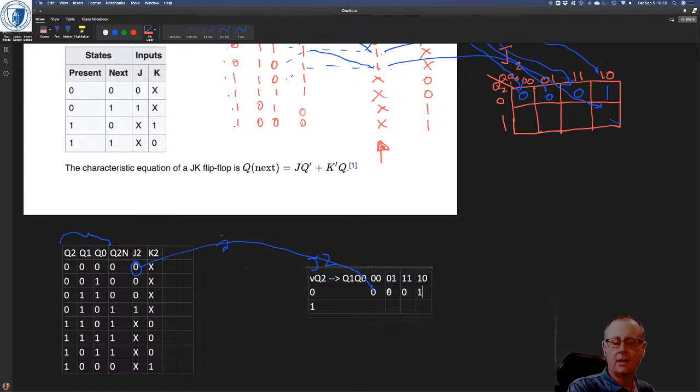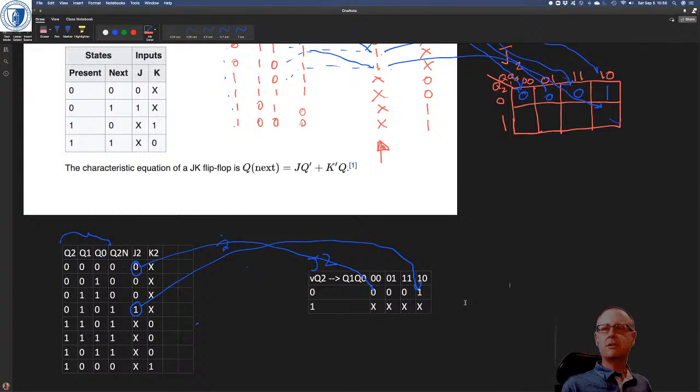So that last one I just did, where's it gone? There it is. Right, this one here goes into this entry. Okay, and then all the rest of them for Q2 is 1 are don't cares. Okay, does everybody remember how to use Karnaugh maps for logic minimization?